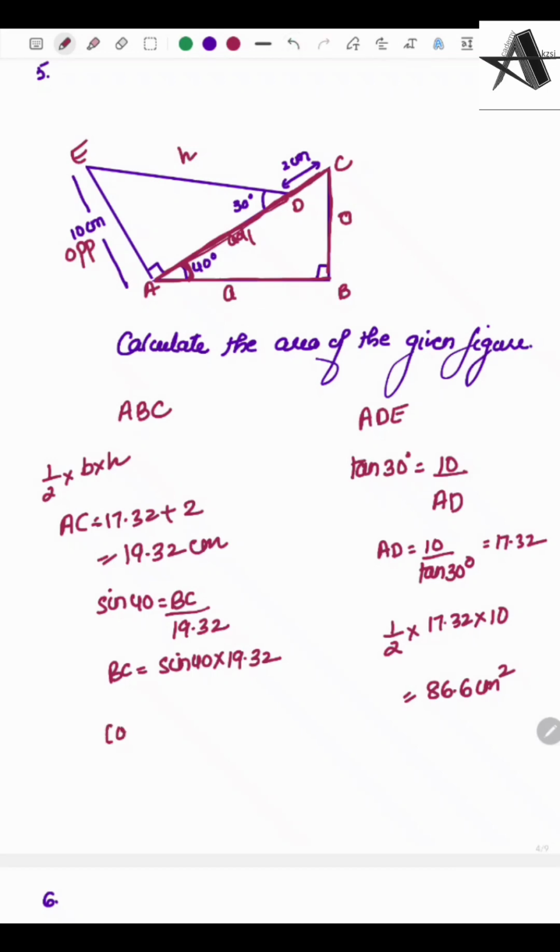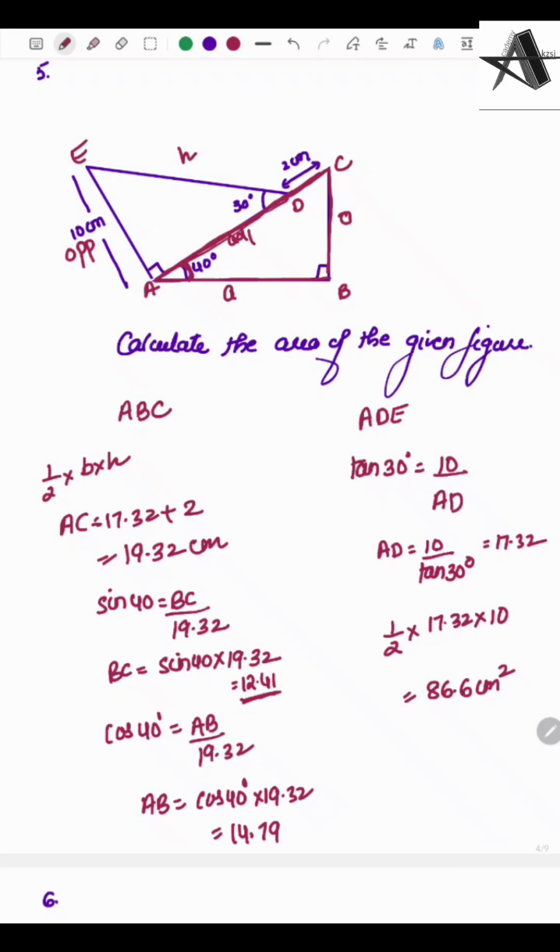So cos 40 degrees is adjacent AB over hypotenuse, that is 19.32. On cross multiplying, I'll get AB is equal to cos 40 into 19.32. So BC is 12.41 and this one will give me 14.79 or 14.8.